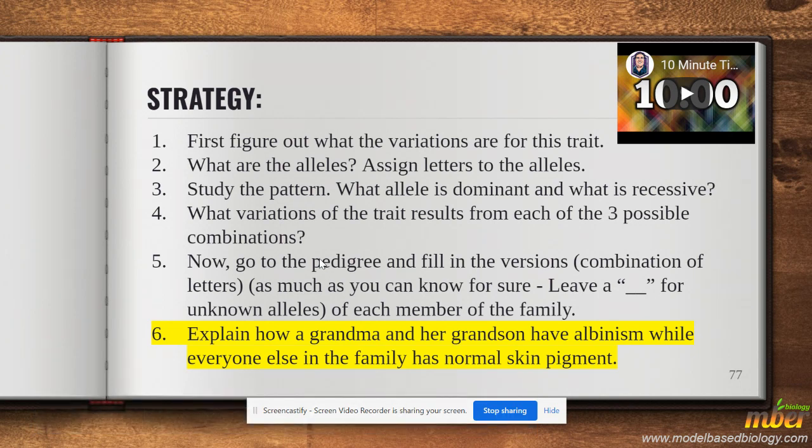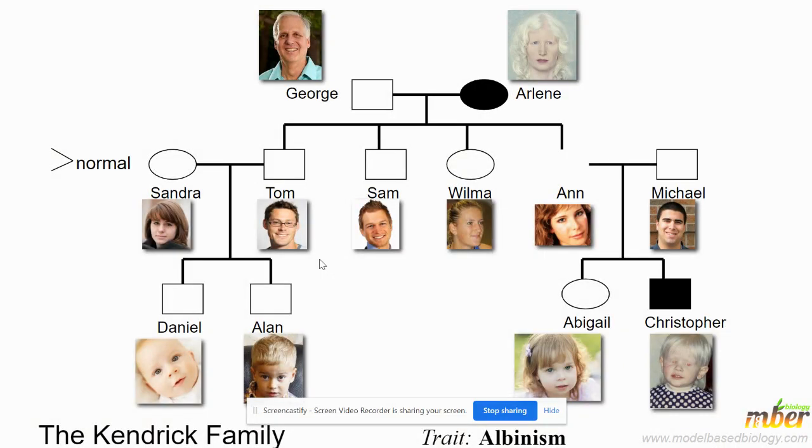Okay, so based on looking at this, I'm going to choose the letter A. If you happen to choose a different letter, that is fine. Since it's clear that this trait is not a dominant one, it must be recessive. I'm going to use big A for normal and little a for albino.